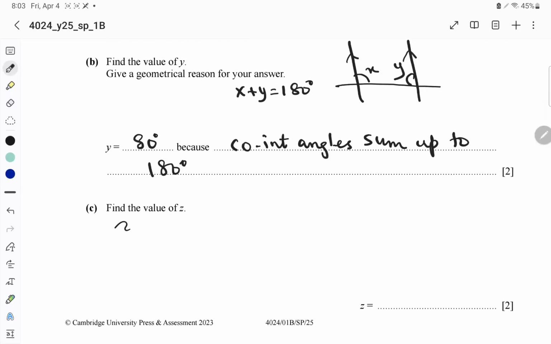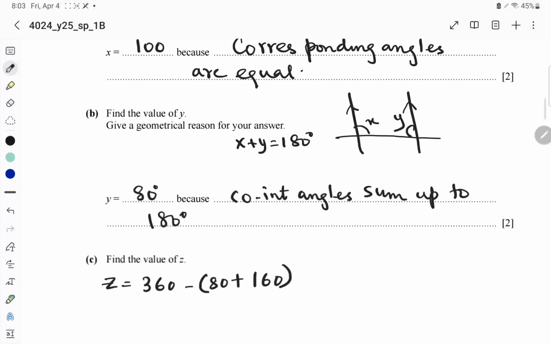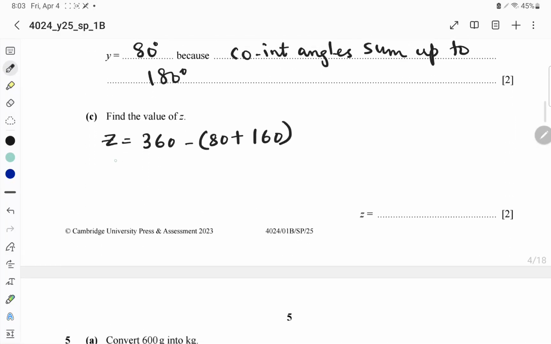All right, so we are working for this one. So z is equal to 360 minus 80 and 160 degrees. I can show you again: 80, 160 and z make 360 degrees. So z is equal to 360 minus 80 and 160, which will be 240 degrees.